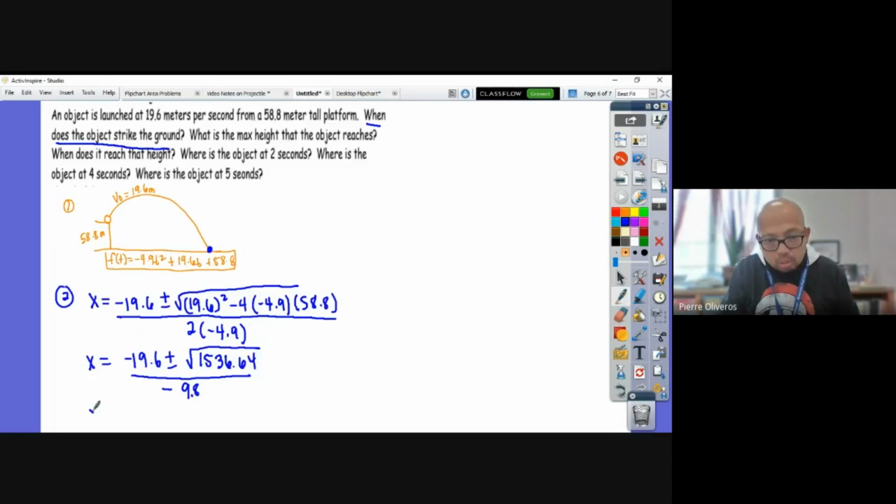When you simplify it, that gives you negative 19.6 plus or minus the square root of 1536.64, which is 39.2.